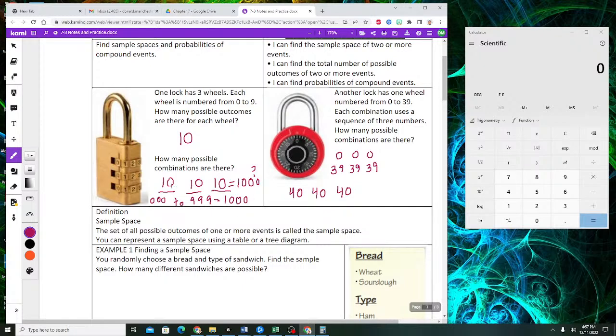So if we look back over here, maybe by now you realize that 10 times 10 times 10 is 1,000. So we can do 40 times 40 times 40, and that gives us 64,000 possible combinations.